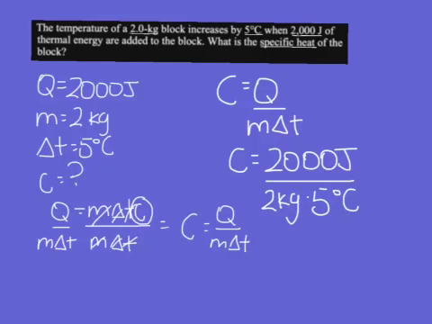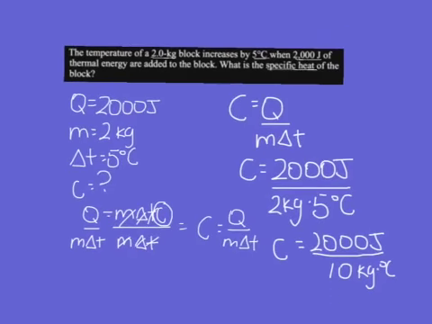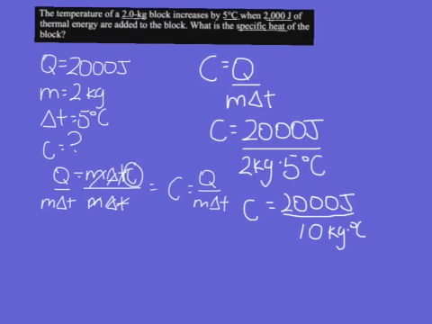Okay, now let's solve it. So C equals 2,000 joules over 2 times 5, which is 10 kg times degrees Celsius. Now just divide, and you'll get 200.